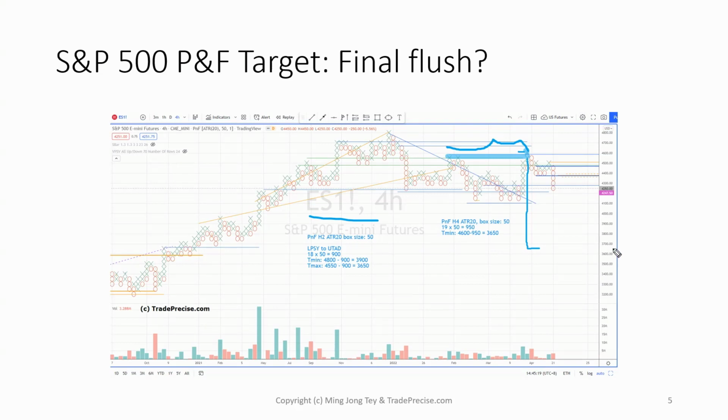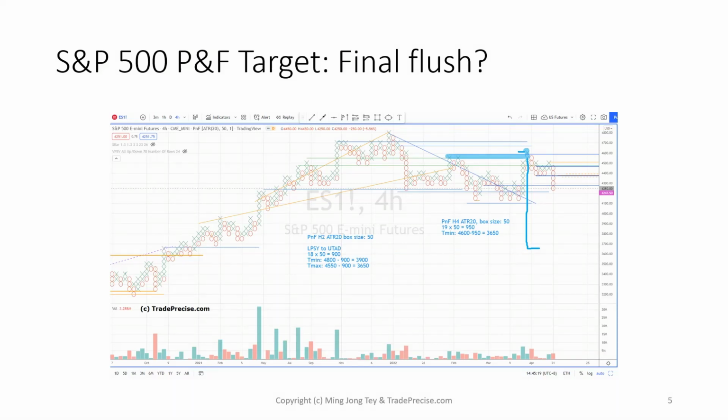The 3600 is actually in line with the previous accumulation range or the backup area. There is a breakout, backing up, so that is actually the backup area. In terms of the candlestick chart, it is just another support area, 3600, 3650.